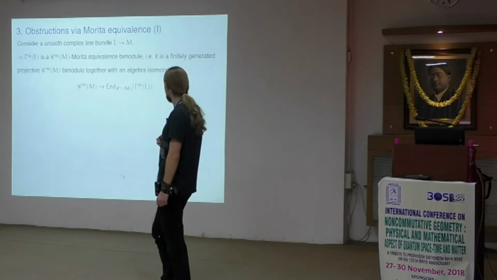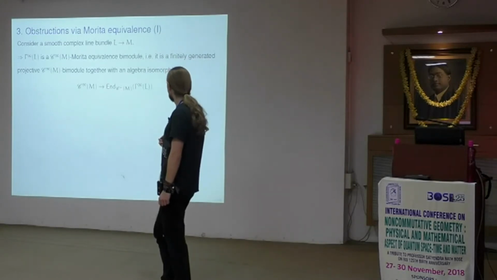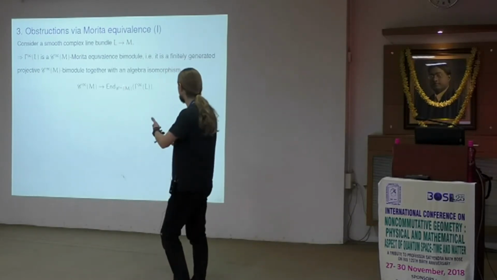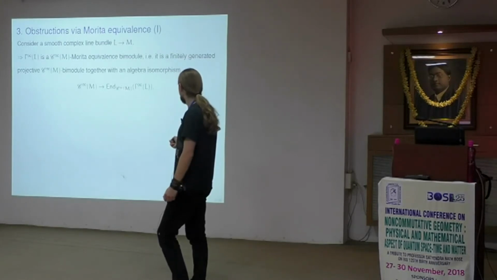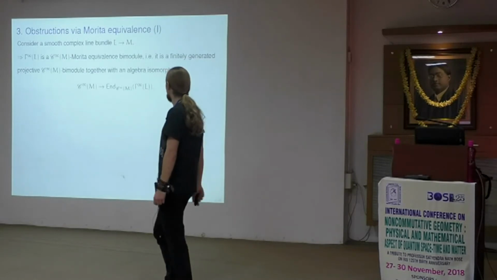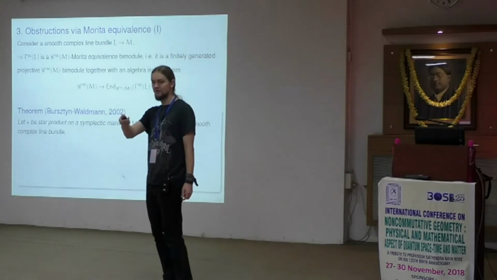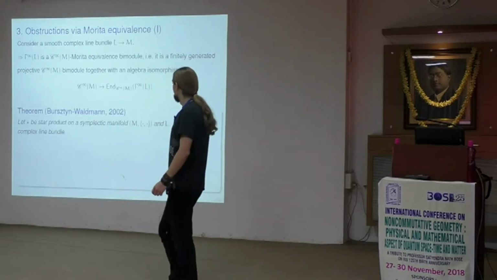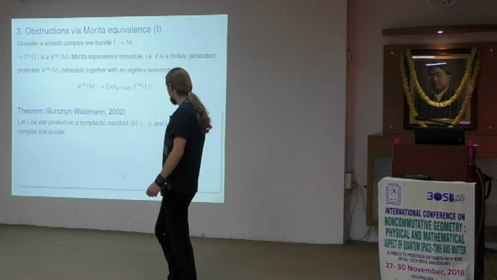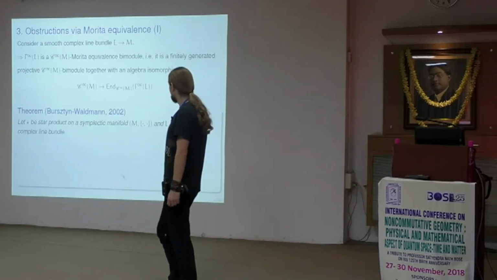So these are the right linear endomorphisms, right linear for the functions. I mean, it doesn't matter because here left and right linear is the same thing. And so this means Morita equivalence bimodule. I mean, Gianni also told us about this. And there's a paper by Bursztyn and Waldmann, and they proved something very similar for star products.